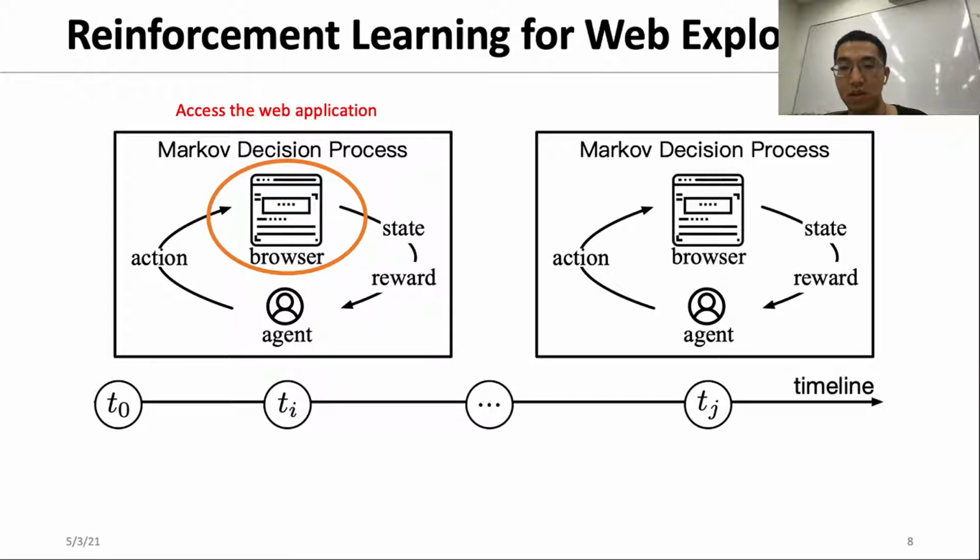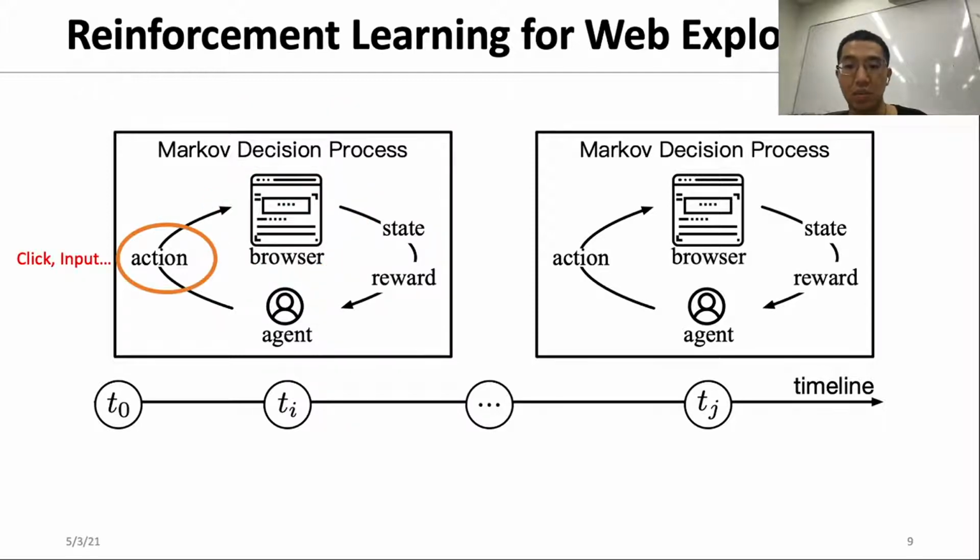Specific to web testing, the agent is an RL algorithm, which learns a policy to explore as many diversified behaviors as possible. The environment is the web application. The web testing process is a continuous interaction between the RL algorithm and the web application. The action can be click and input.